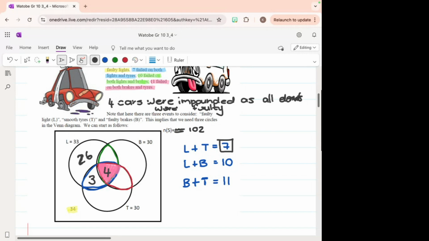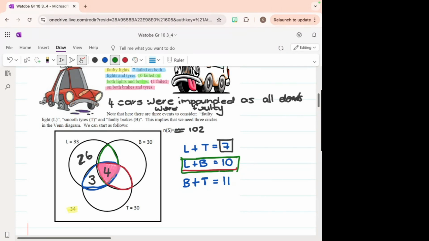Let's work out lights and brakes. So that was this red band over here, lights plus brakes. Oh, am I wrong? Yes, Christy, you are wrong. Apologies, guys. Lights plus brakes was the green band. So there they are overlapping, lights and brakes. Lights and brakes needs to add up to 10.